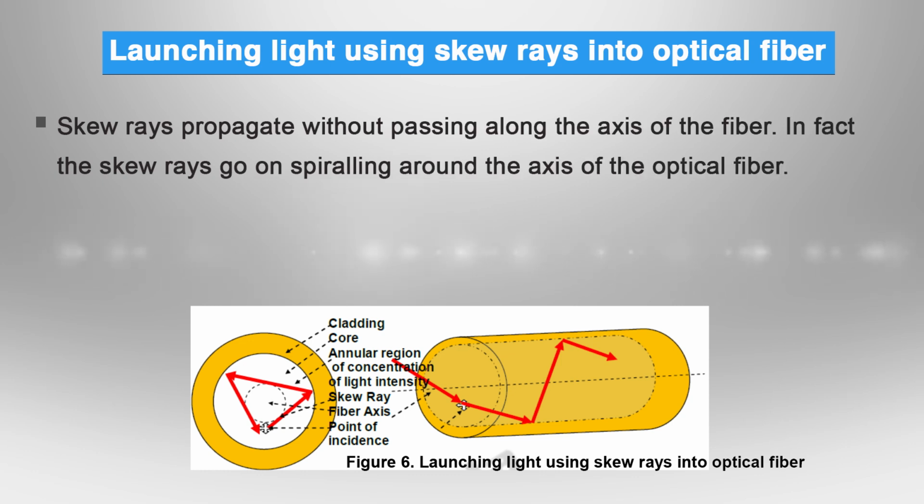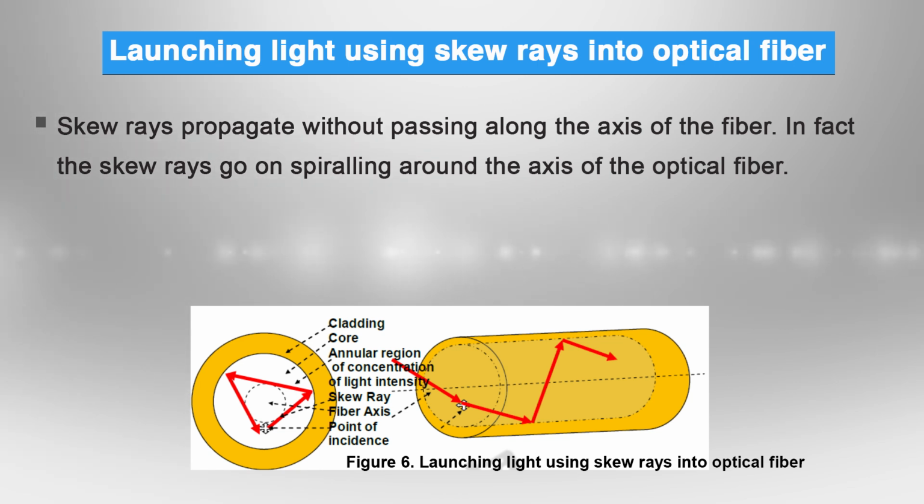Skew rays propagate without passing along the axis of the fiber. In fact, the skew rays go on spiraling around the axis of the optical fiber. The light energy carried by them is effectively confined to an annular region around the axis, as shown in the figure.